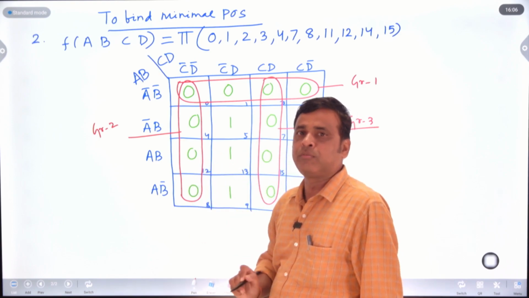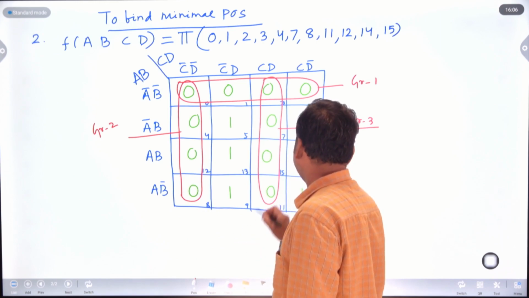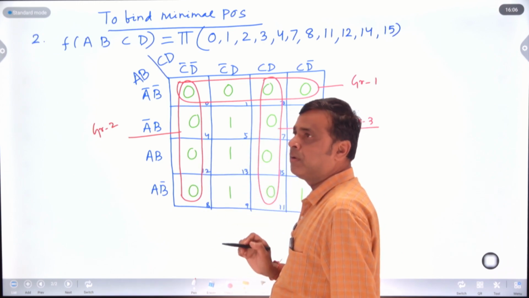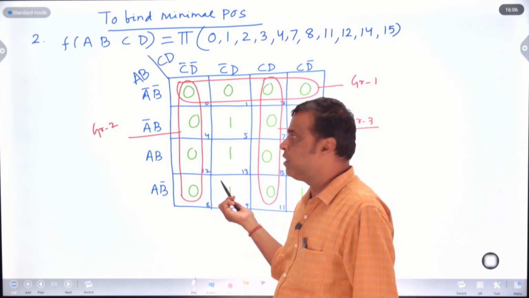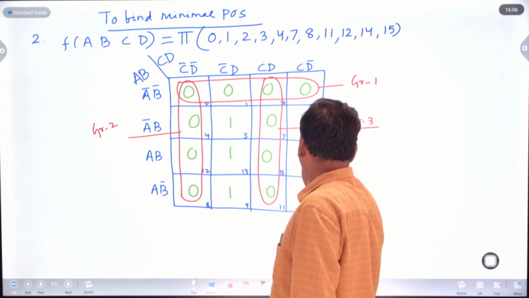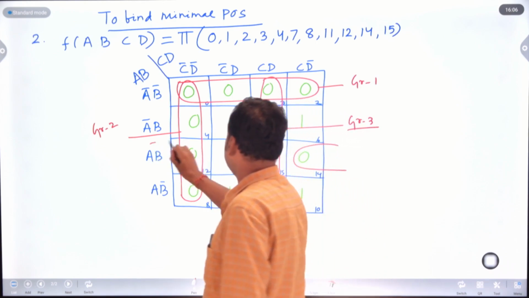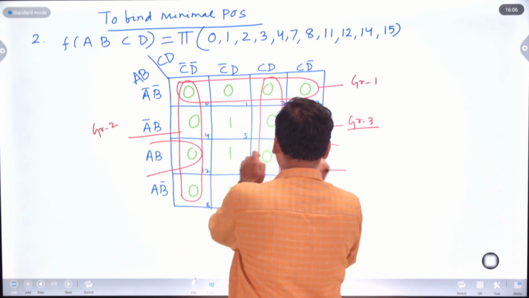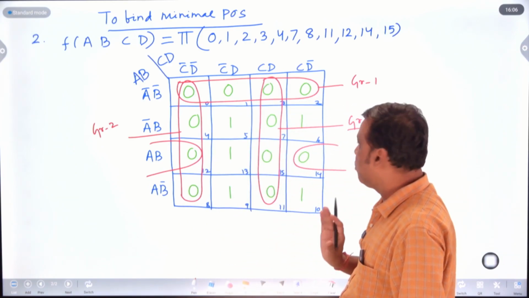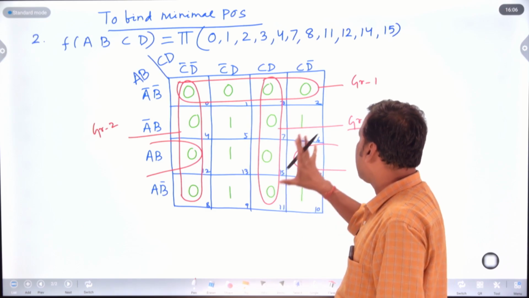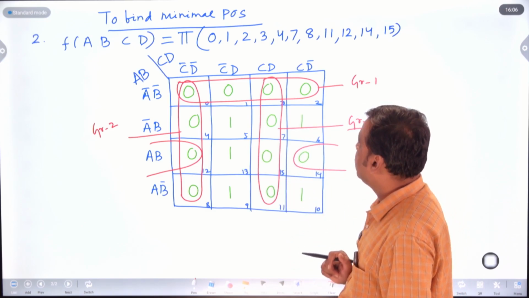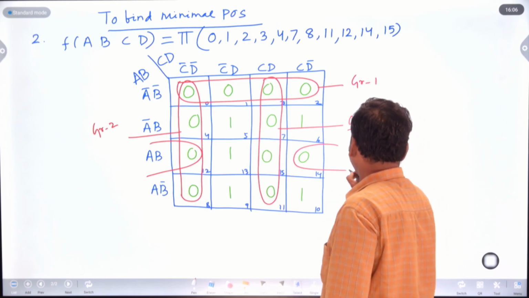Both are adjacent to 14. 15 is adjacent to 14, and 12 is also adjacent to 14, so either choice is fine. Make sure all zeros have been covered. So how many groups? That is 4 groups. This is group 4.